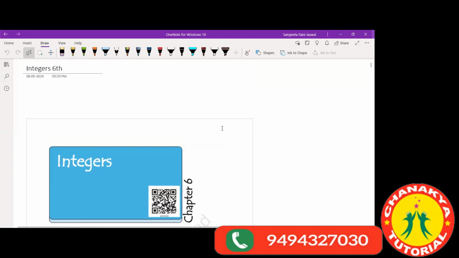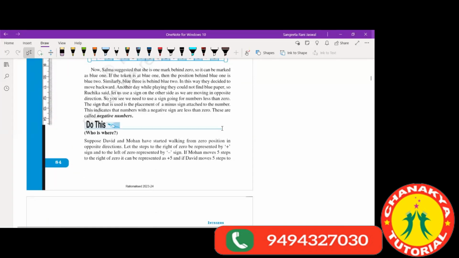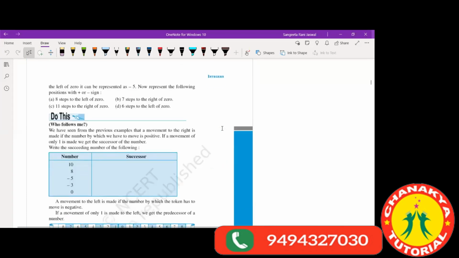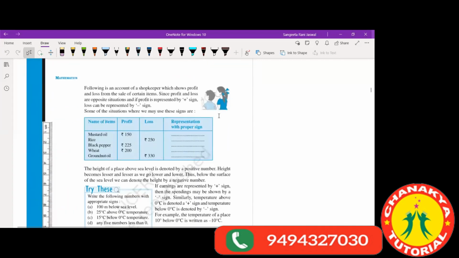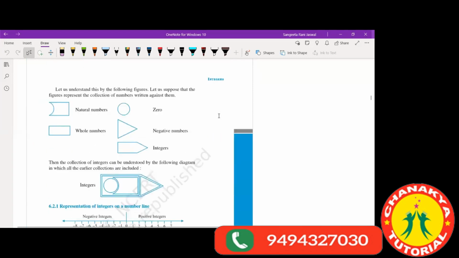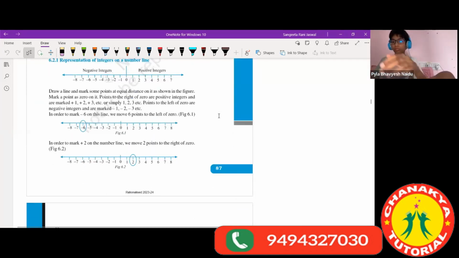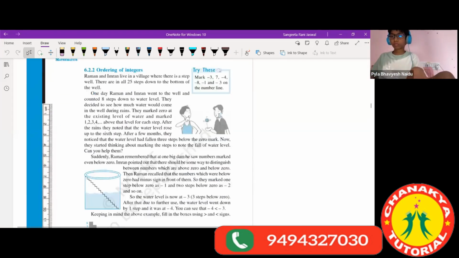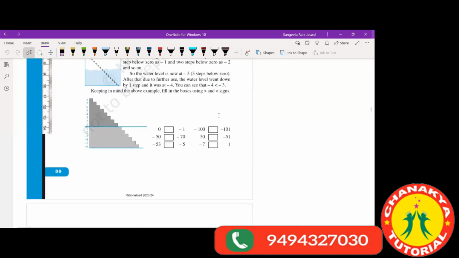From the beginning, I'm just checking if we have done all the topics. Is there anything that we have left? Ordering of numbers, you know. What is the order of the number? Which is greater, which is lesser?